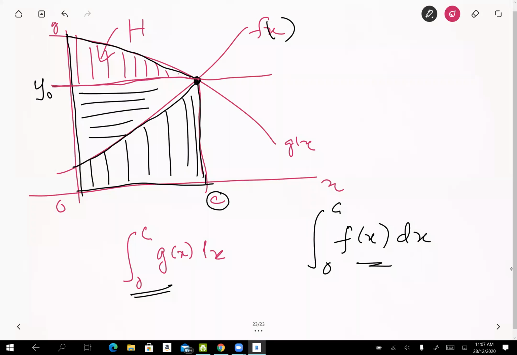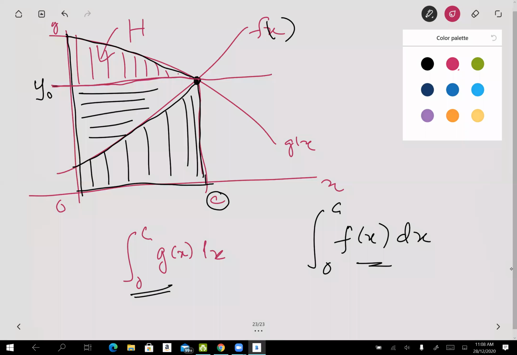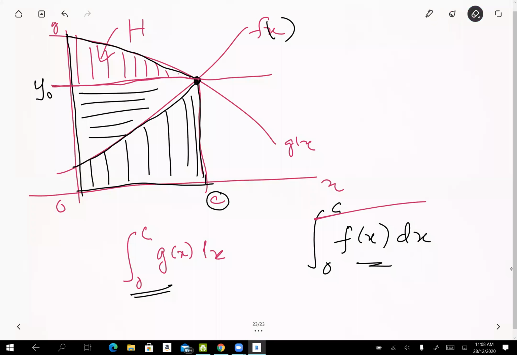All right, so you need to take out the area under what? The area there. Now, if you want to make your life happier, you don't need the area under F. What do I need?